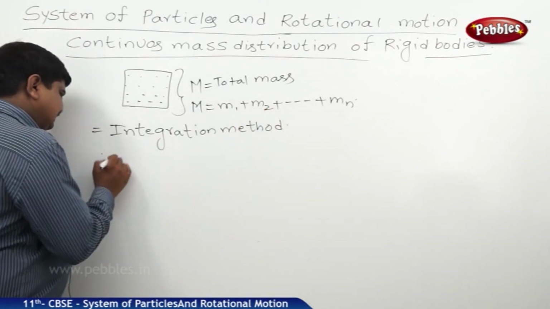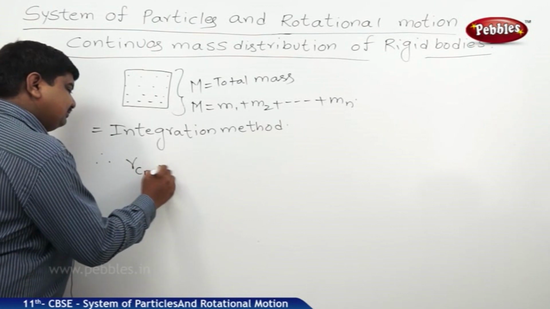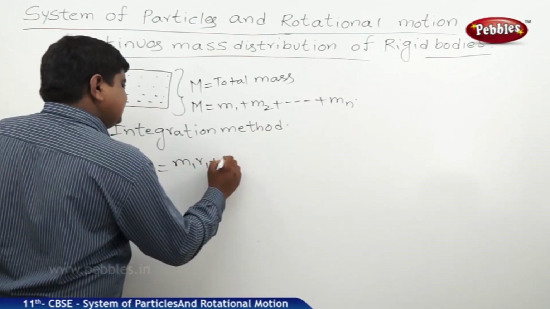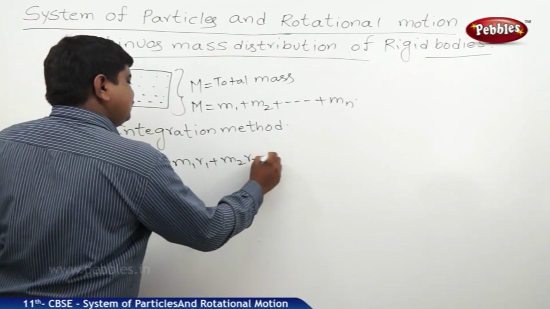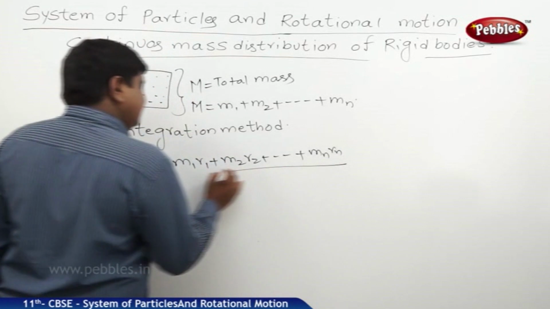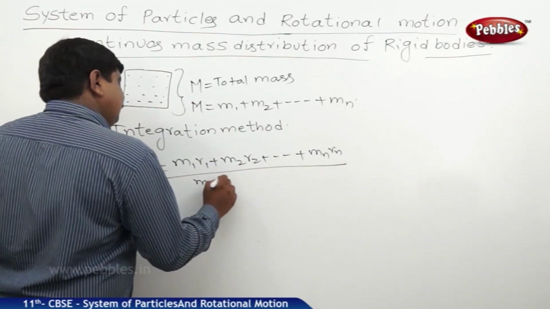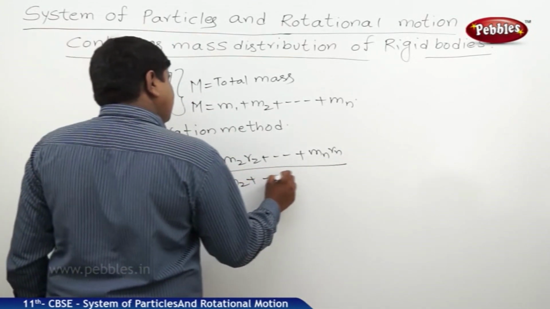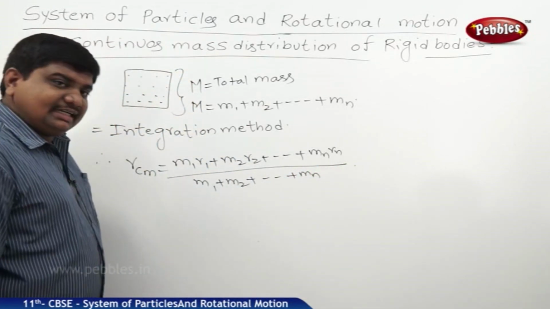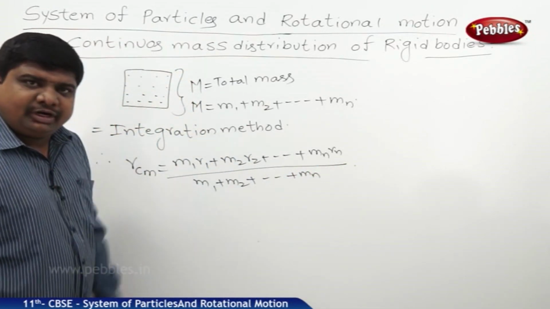What we can understand, R CM is equal to (M1 R1 plus M2 R2 and so on, Mn Rn) by (M1 plus M2 and so on, Mn). This is the equation for the position vector of the center of mass in a rigid body.